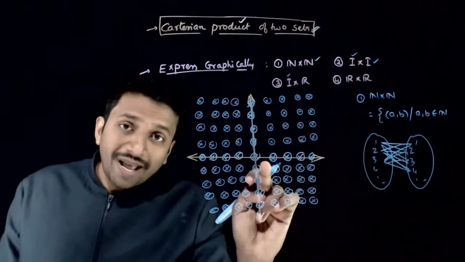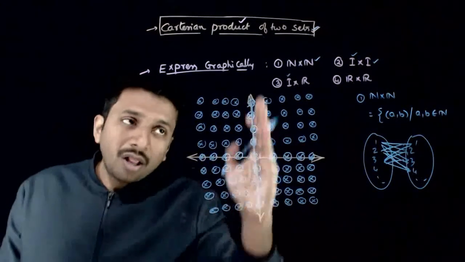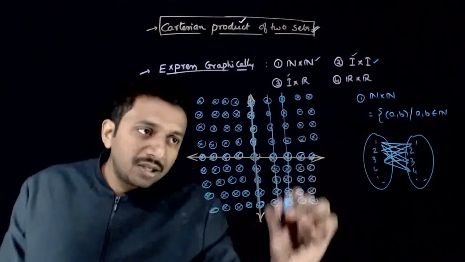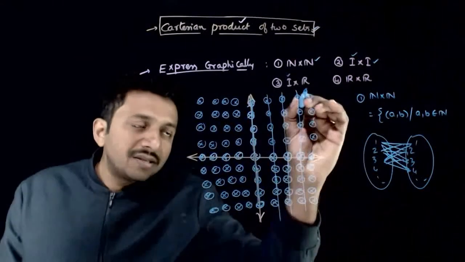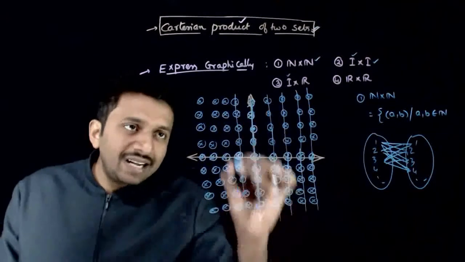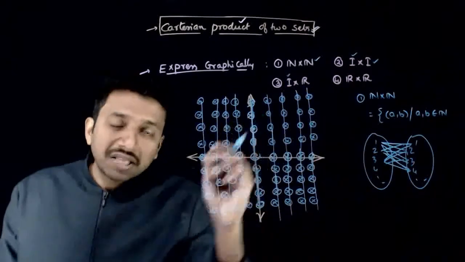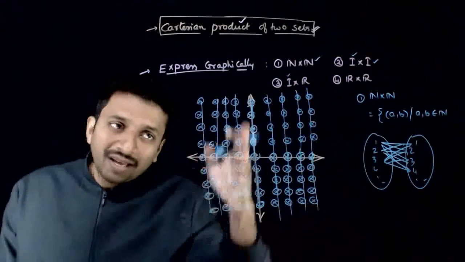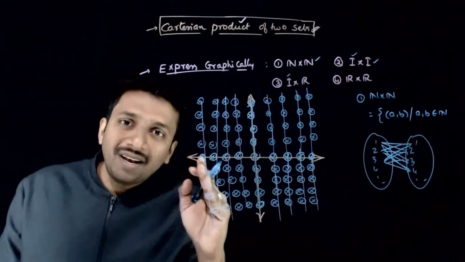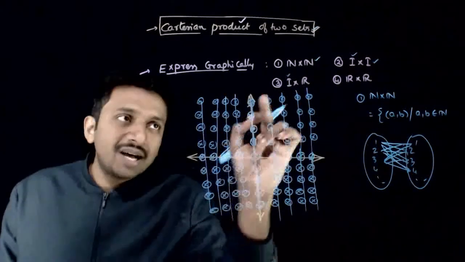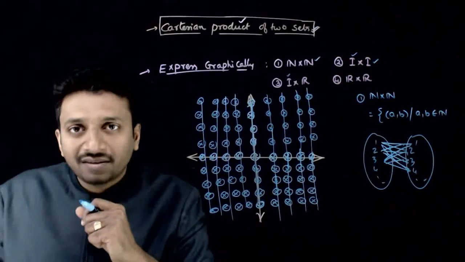Corresponding to x equal to 1, you get all the possible y's, so you get a line here, instead of discrete points. So you get discrete lines. I cross R will be represented by a series of vertical grid lines. All the points on these vertical grid lines come under I cross R.